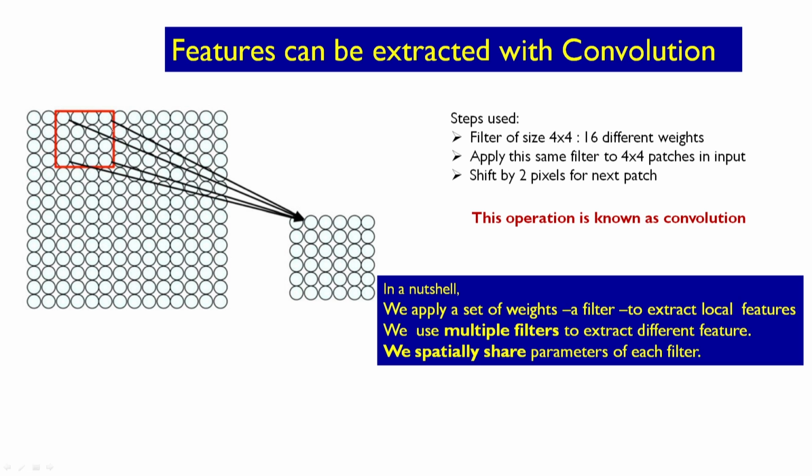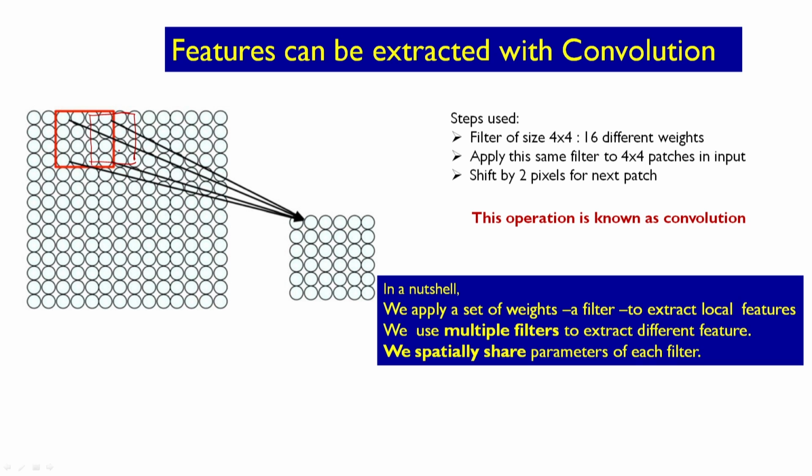So, this 4 by 4 patch, we use it and apply the neural network, find all the parameters as output, and shift it by 2 pixels. That means 2 elements. So it will go from here to here, right, another 4, like that you can slide it over. This patch can be slid over, and once you do that, you have to sum it over the whole image.